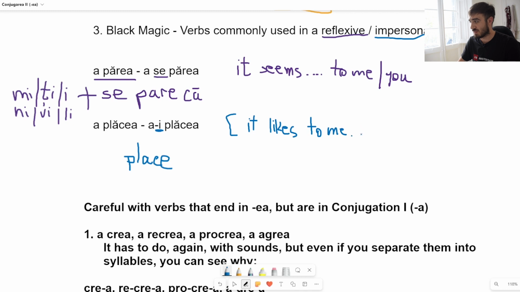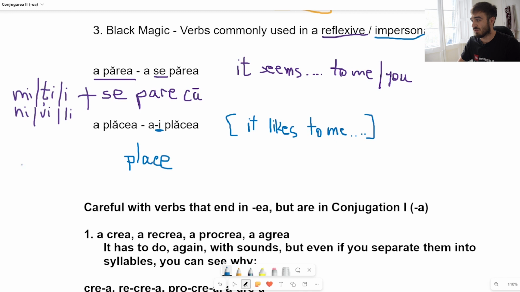Very, very strange, right? To me, to you, whatever. But this is how to use it in Romanian. You say it likes to me. Place is it likes. As I said, you should be aware it's the same idea like pare.